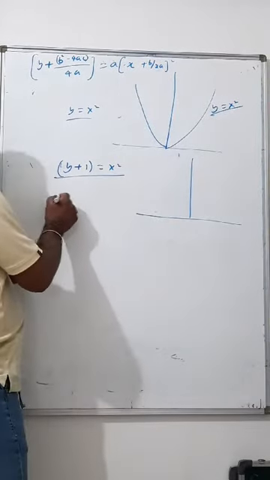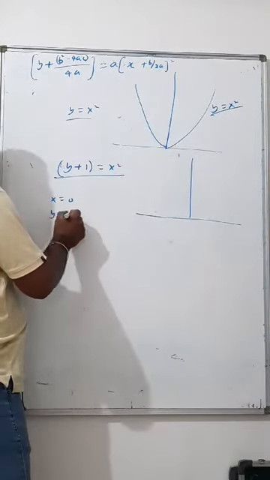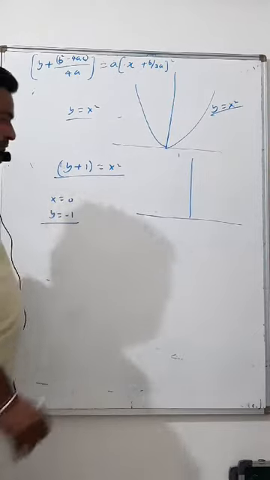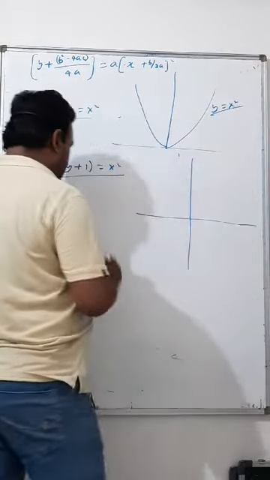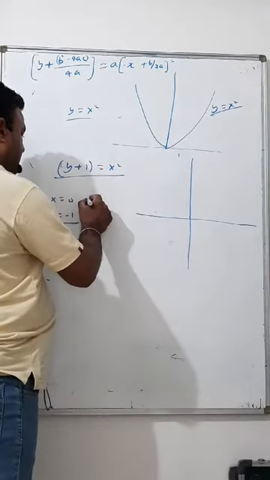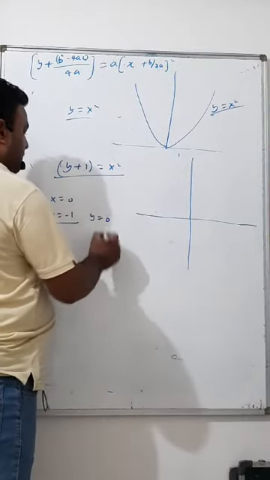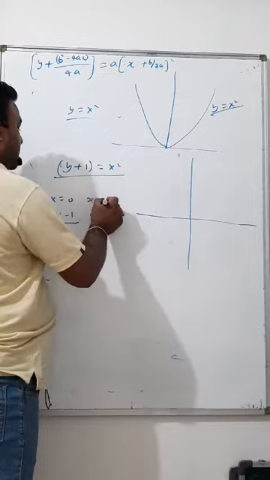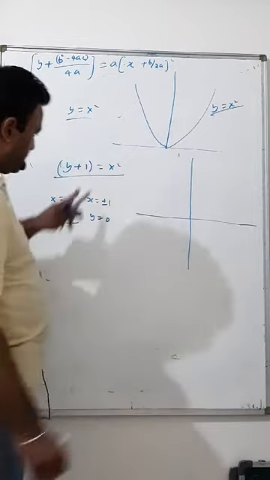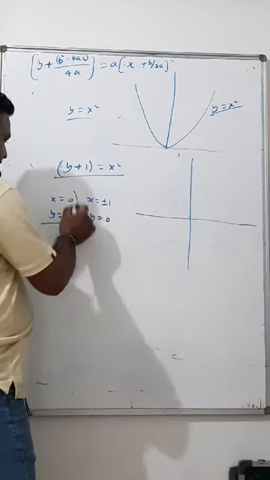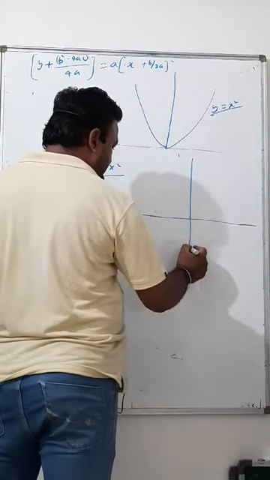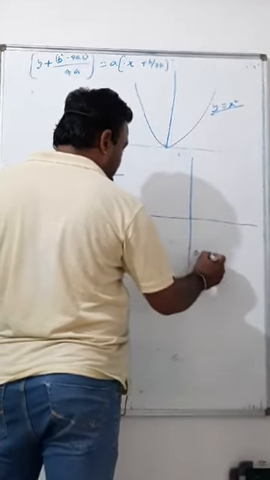If I place x as 0, then y is minus 1. And if I place y as 0, then x equals plus minus 1. x square equals 1. Now I have one point, 0 and minus 1.